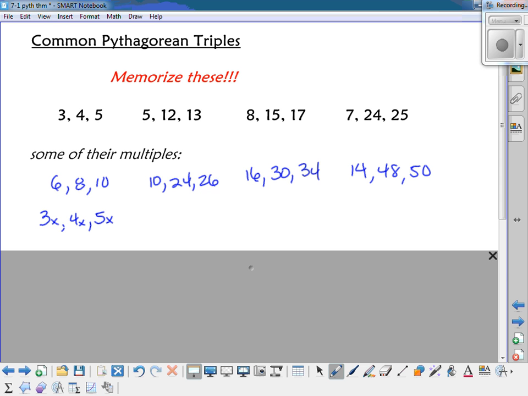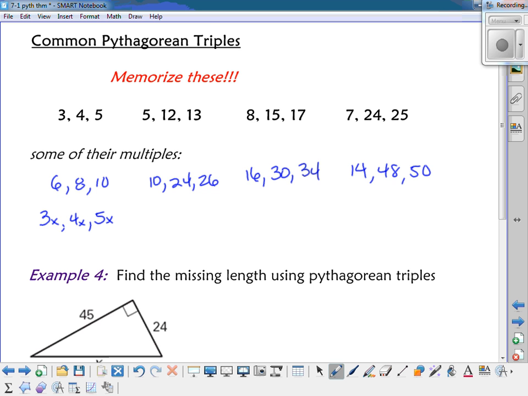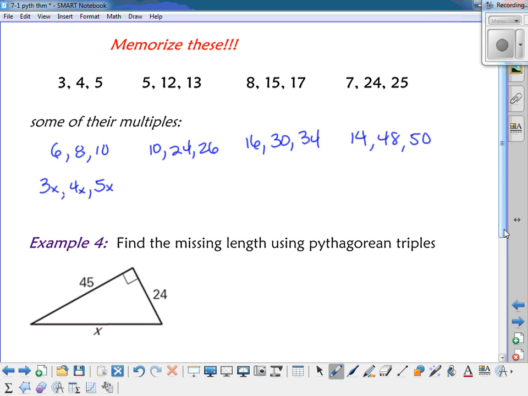So when you get an example, such as example 4 here, what you'll want to do is say, okay, is there a number that goes into both of those numbers? So what number goes into 45 and goes into 24? Can I think of a number that'll divide into 45 and 24? Obviously not 2. 3. They're both multiples of 3. So if I divide these both by 3, 24 divided by 3 is 8. 45 divided by 3 is 15.